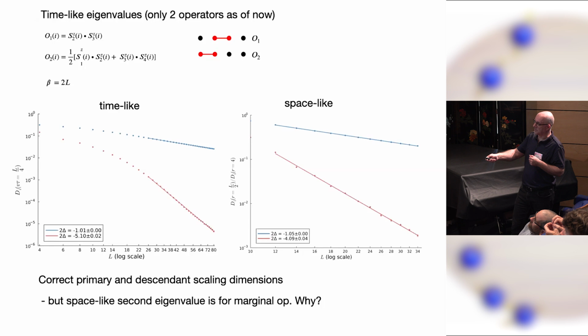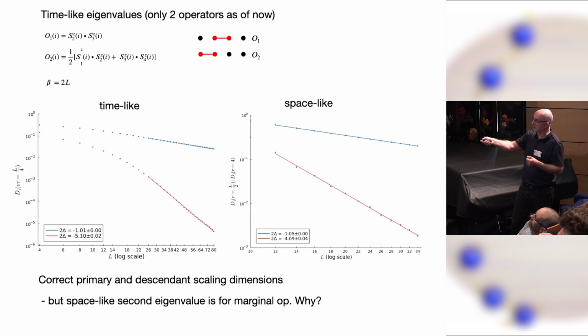Here it seems like we get known scaling dimensions in time, but in space it's like we miss one. I get a primary and its descendant, but in space with only two operators, I get the primary and one of the marginal operators. So we are not quite sure why we seem to miss one, but we need to do more operators and so on.